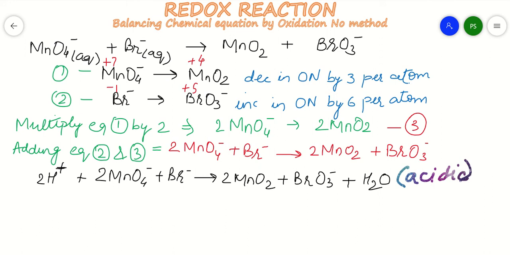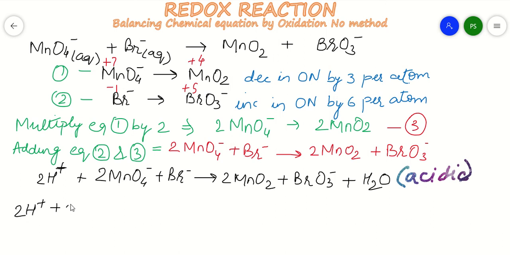Now I will convert this equation into basic medium. The rule says that the total number of hydrogen ions present in the equation, exactly the same number of hydroxyl ions will be added on both sides of the equation. So 2 H plus ions are present here.